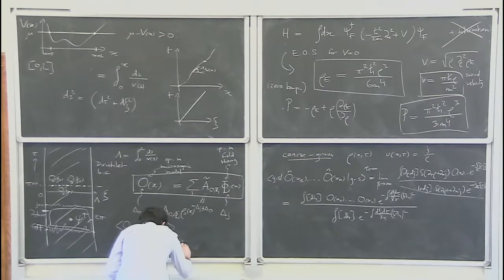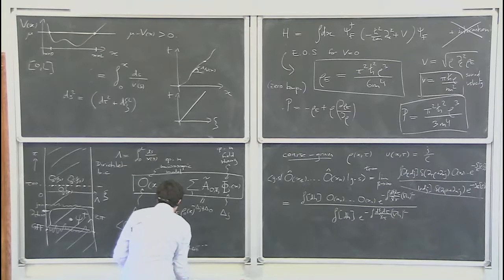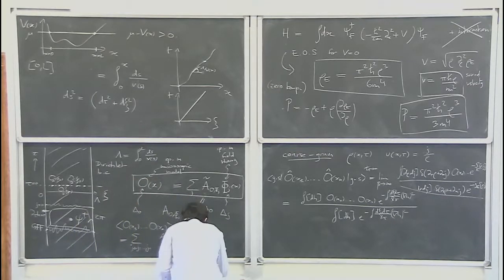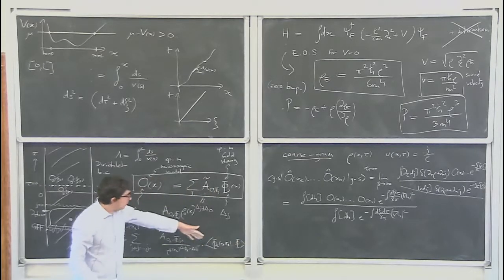And so you get a bunch of factors here, one for each operator, times correlation functions in the effective field theory, and the correlation functions in the effective field theory, you know them. That's the point.